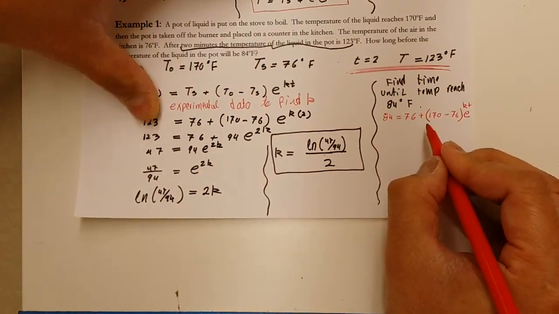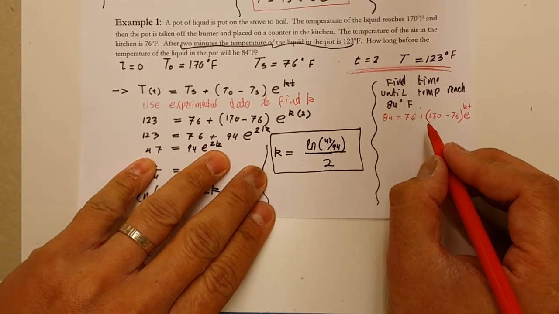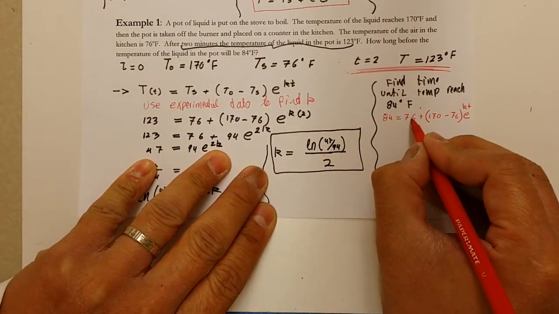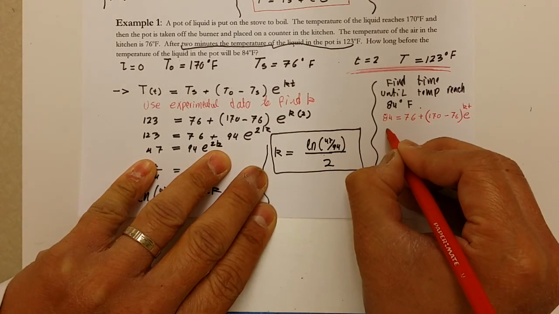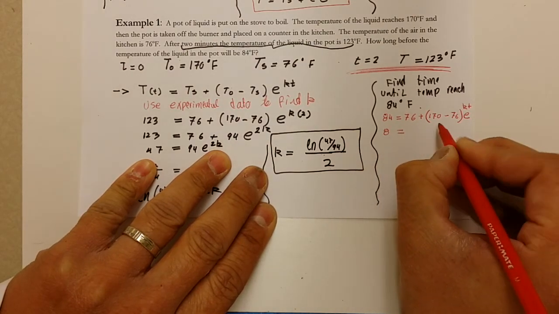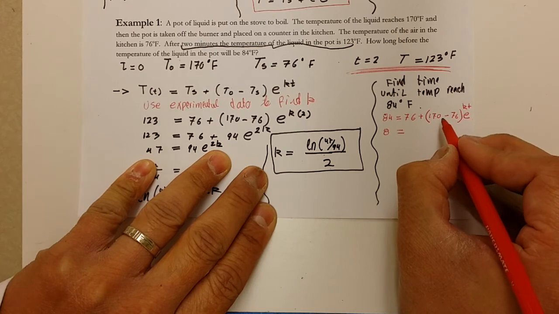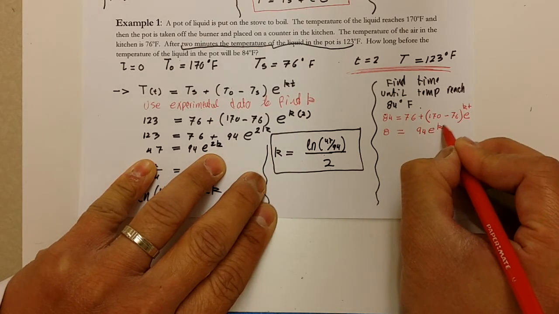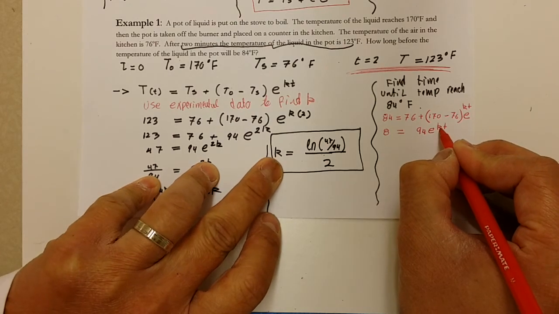Cleaning this up, simplifying this a little bit, okay? So subtract 76 from both sides, you get 8. Subtracting this, we're gonna get 94 e to the kt. Remember, we know what k is.